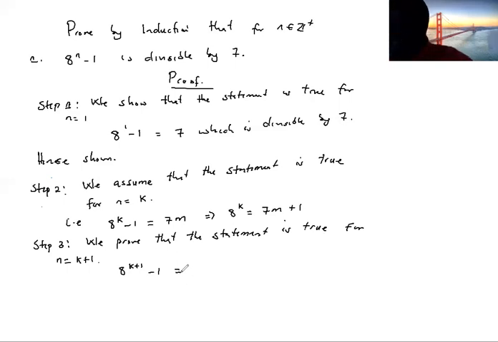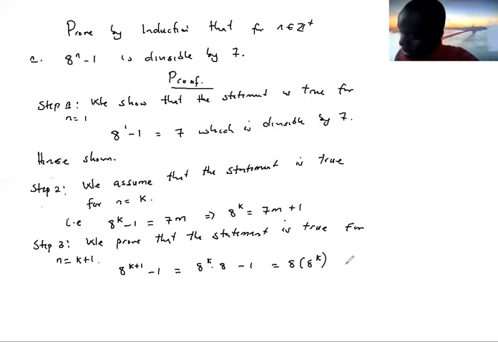If you expand this, we're going to get 8^k multiplied by 8 minus 1. And what is 8^k from step 2? By step 2, we have 8^k is 7m plus 1.